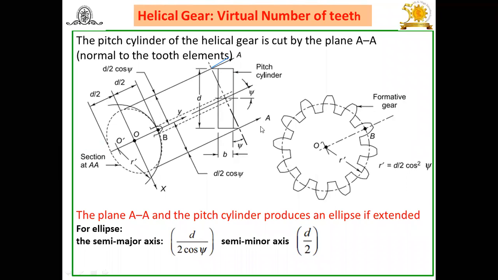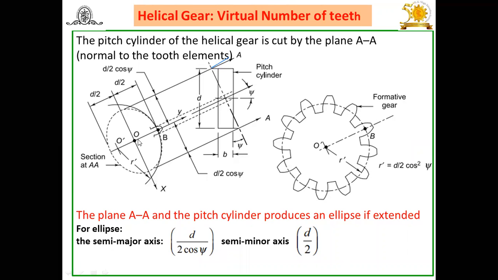this plane AA is normal to the tooth element. When the cylinder is cut by a plane which is inclined, what would happen? You will find the cut section, look at this here, is an ellipse.